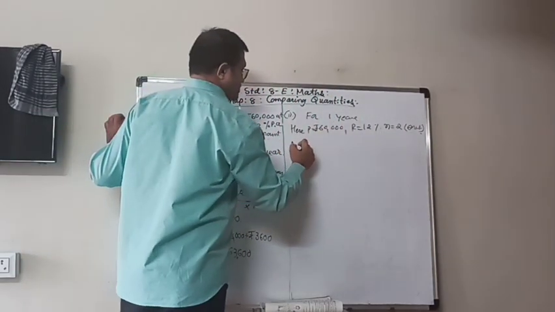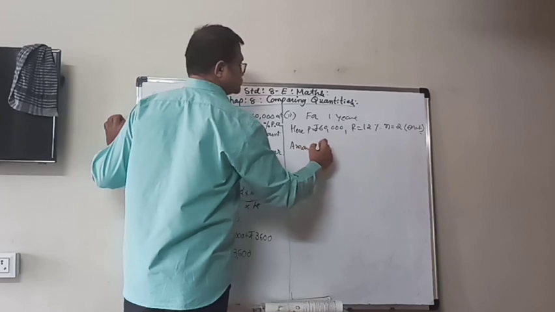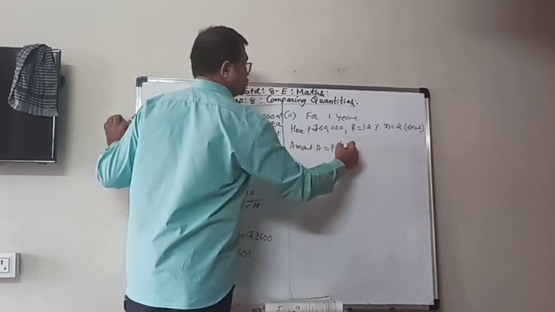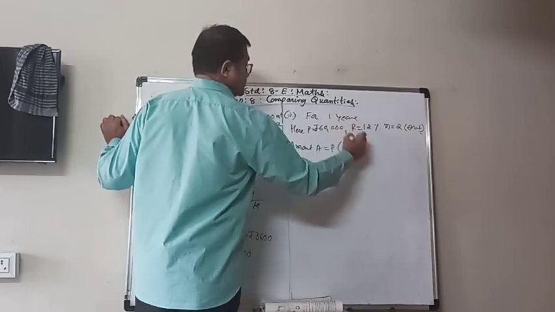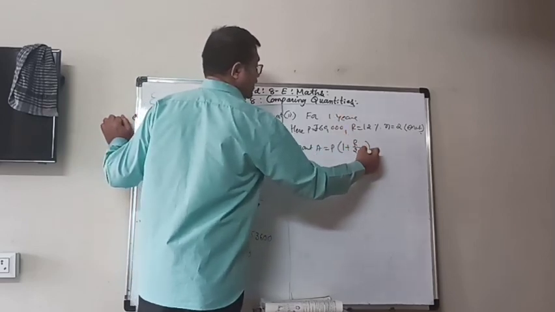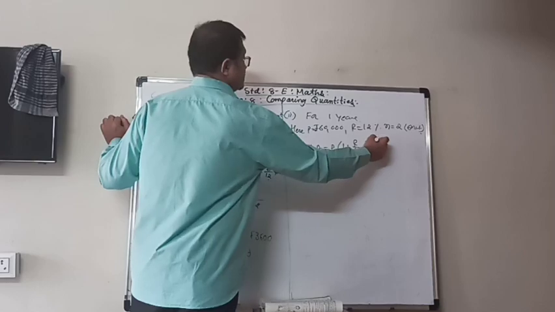So amount A is equal to P into bracket 1 plus, we know that here it is 6 months, so we have to write R upon 200 raised to 2n.